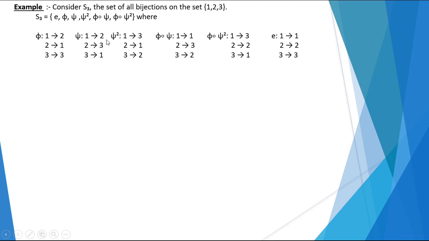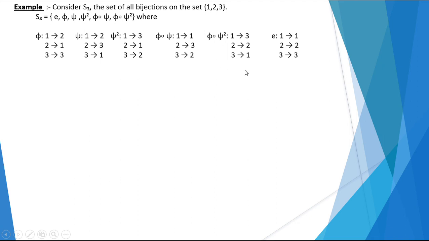Psi square means psi circle psi. With respect to the function psi square, we can easily see that image of 1 is 3, image of 2 is 1, image of 3 is 2. With respect to phi circle psi, the images of 1, 2, 3 are 1, 3, 2 respectively.